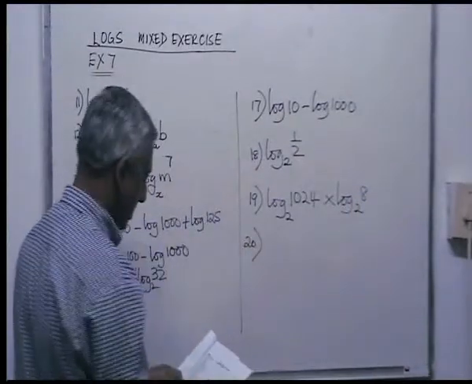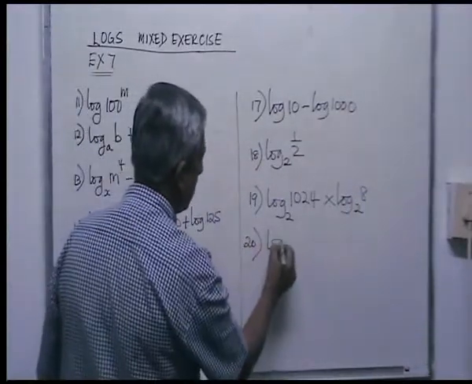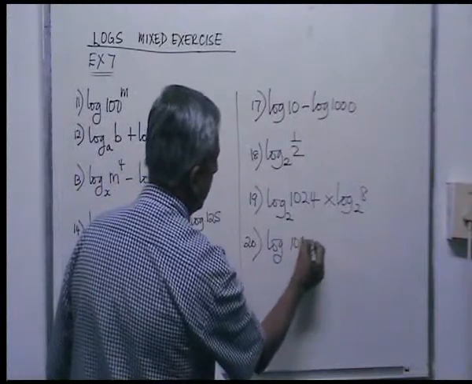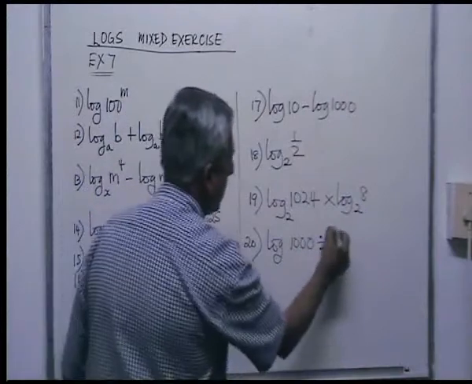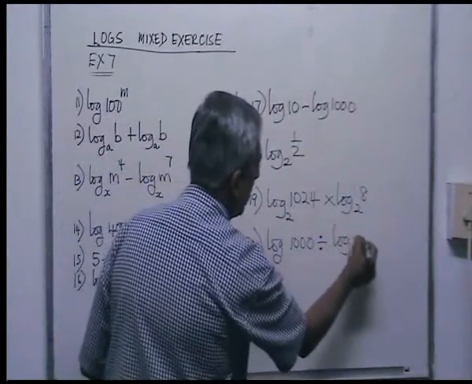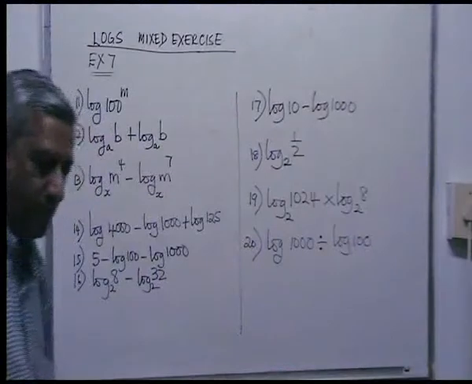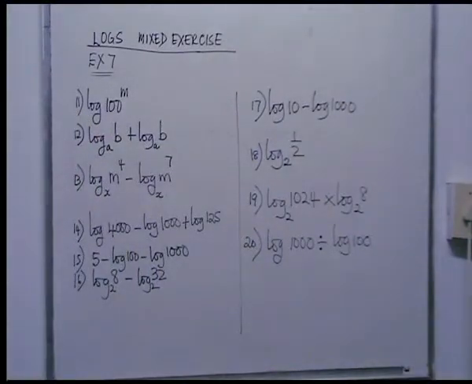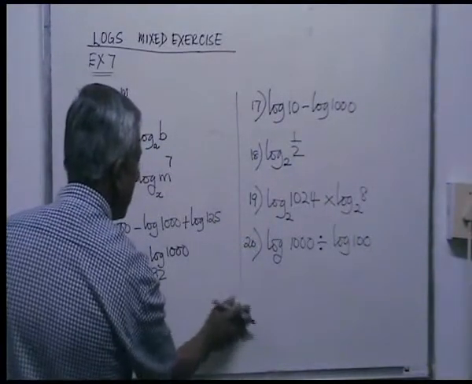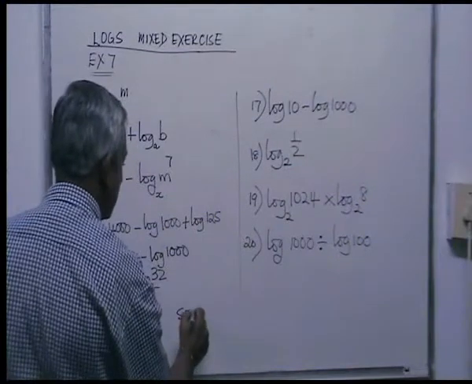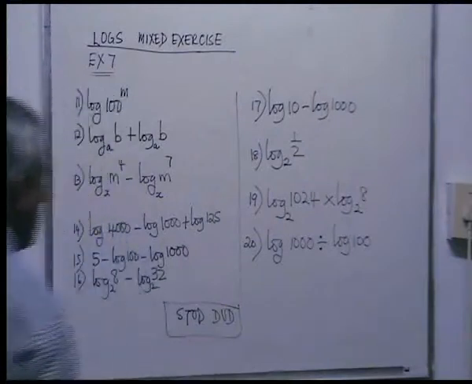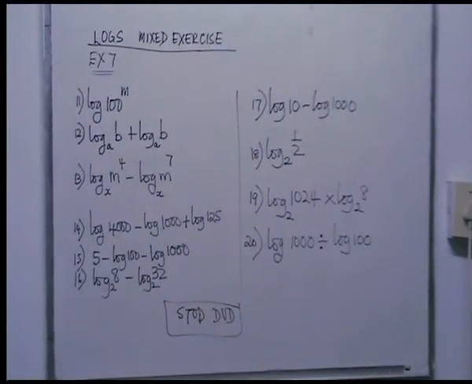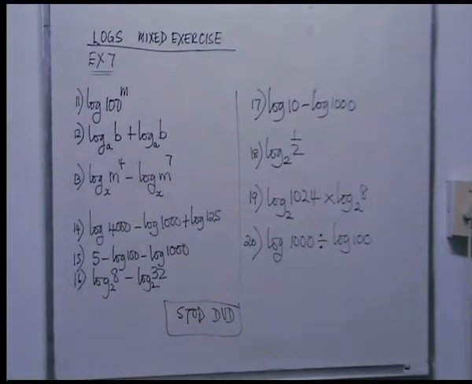And number 20, you've got log 1000 divided by log 100. Right, that's number 11 to 20. Take them down, stop the DVD, try them, and then come back so that we can mark them.